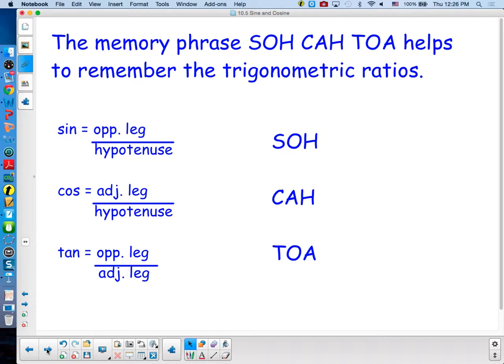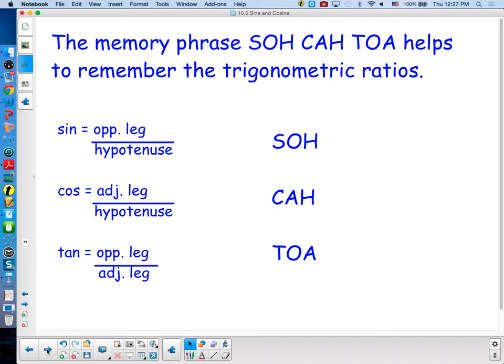I'll put tangent down below here. Tangent is opposite leg over adjacent leg. So up at the top of this information, I'll put SOHCAHTOA. If you don't spell SOHCAHTOA right, it throws everything off, of course.